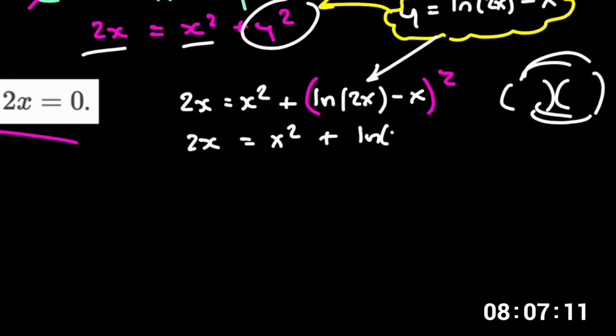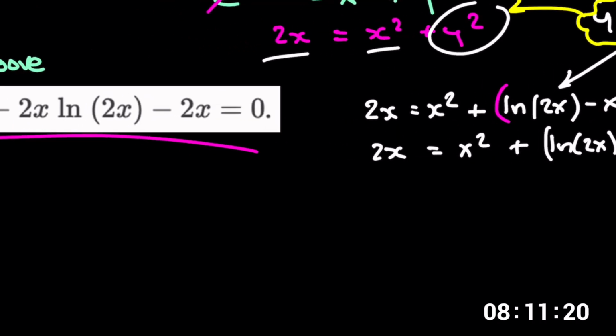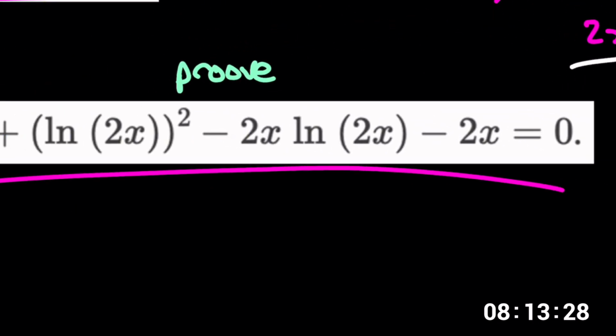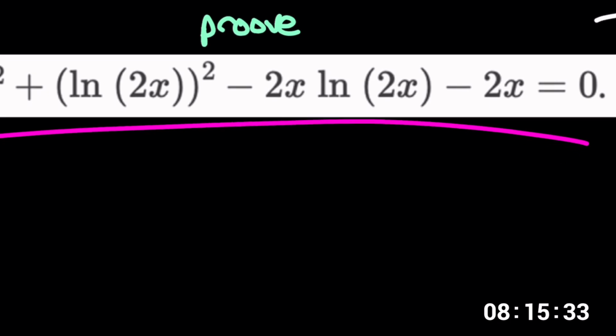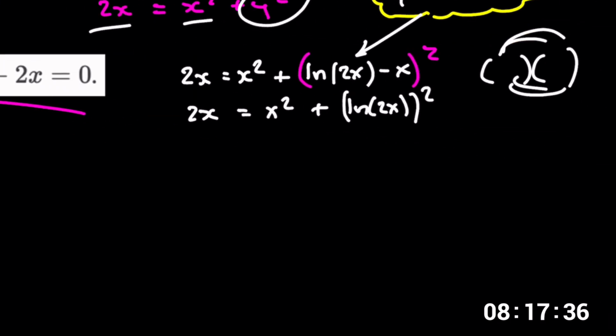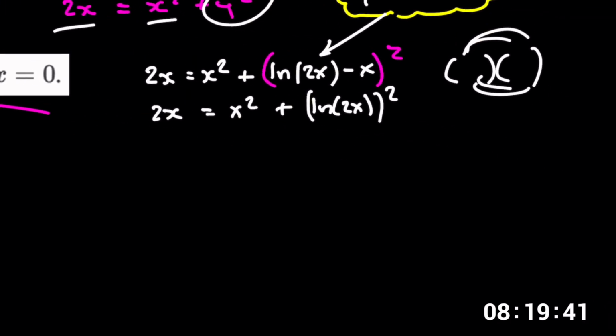You're going to get natural log 2x all squared, which is looking extremely like what they wanted us to get in the result. And now we have to subtract. In the FOIL method, if you look at this, it would be multiplying by 2x natural log x, which is one of the other factors, and then we'd have minus x times minus x, which is plus x squared.